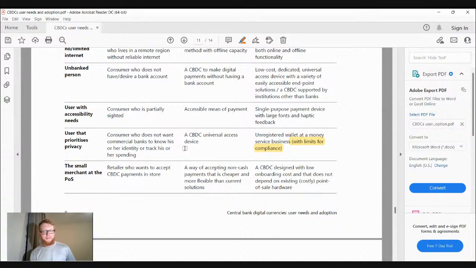But they also put that with a caveat, with limits for compliance, because they have to be compliant with anti-money laundering laws, and not funding terrorism and things like that.